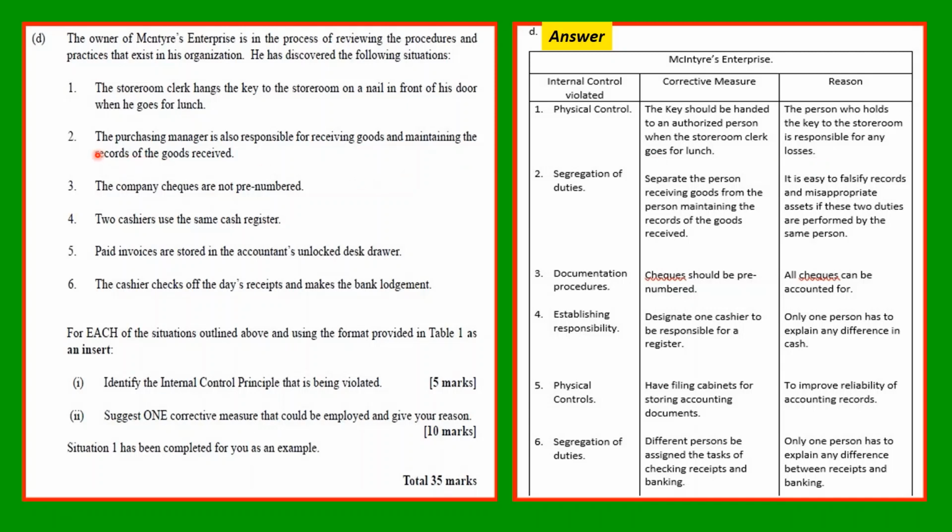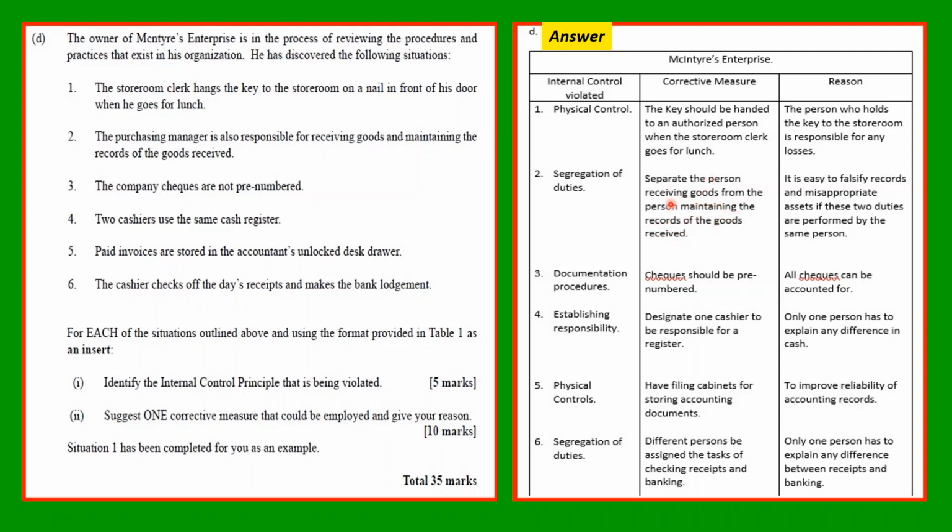Secondly, the purchasing manager is also responsible for receiving goods and maintaining the records of the goods received. The internal control that is violated there is segregation of duties. The corrective measure is to separate the person receiving goods from the person maintaining the records of the goods received.